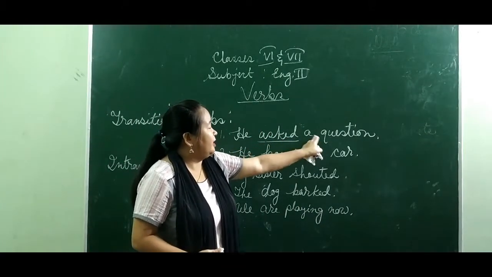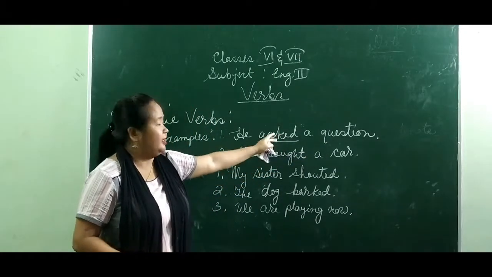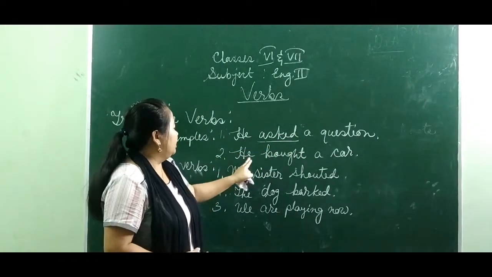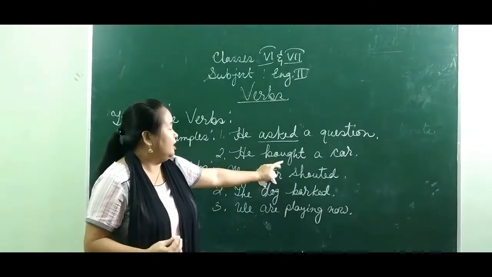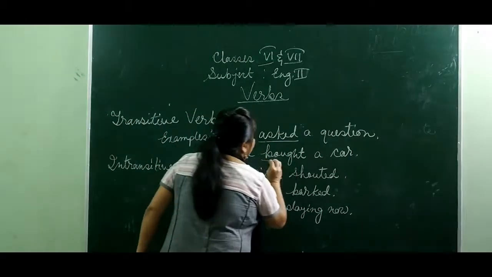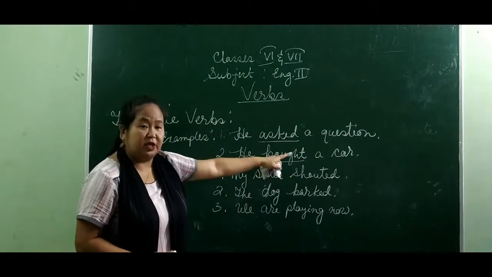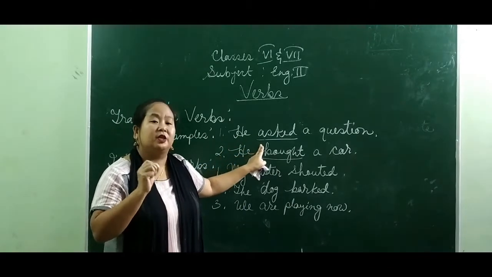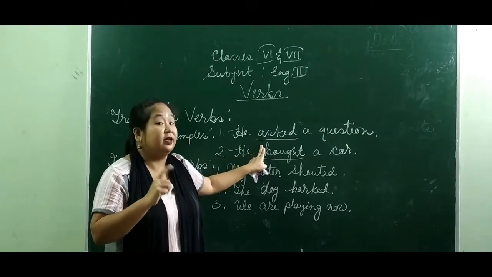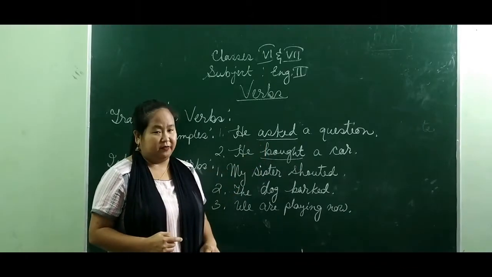So when you add a question, it completes the meaning, right? He asked a question. He bought a car. Okay, he bought what? A car. Okay, so these verbs ask and bought, they require an object to complete their meaning. So a transitive verb is a verb which requires an object to complete its meaning. Okay, they are called transitive verbs.